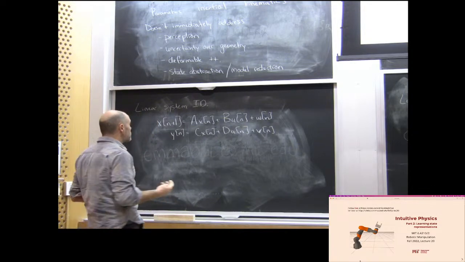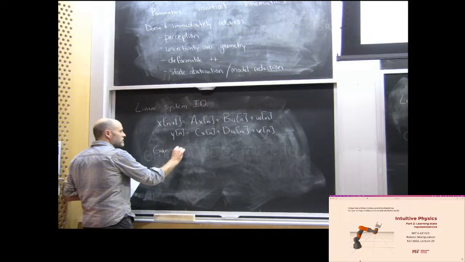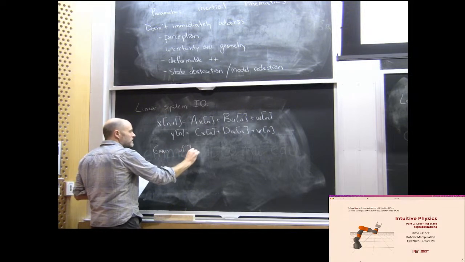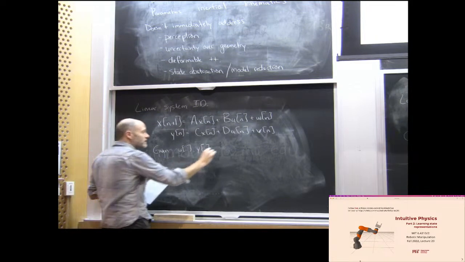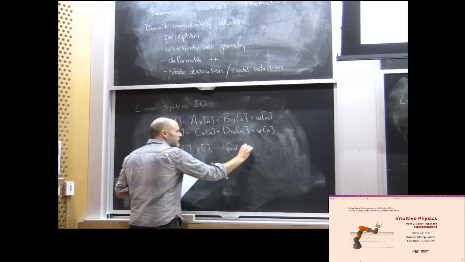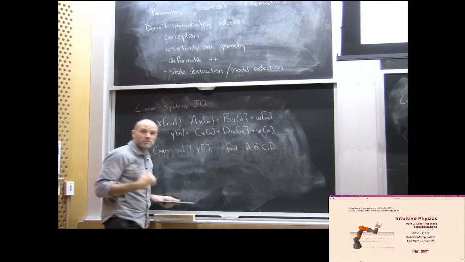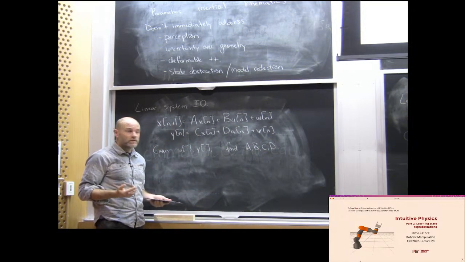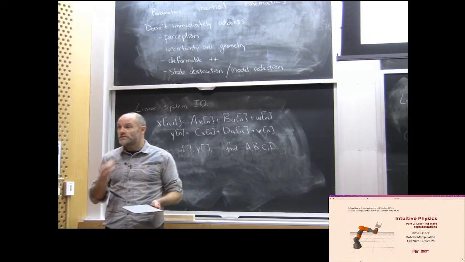So the system ID question here is, given data U and Y, find now A, B, C, and D to explain the data. Right? A, B, C, and D are matrices. They're the matrices that are the parameters. Those are my thetas.